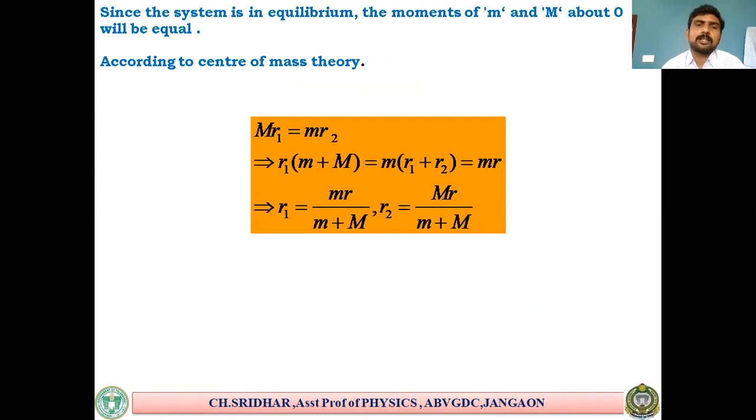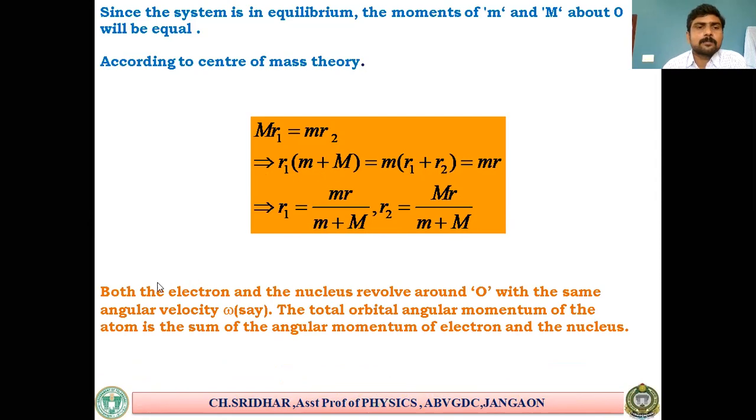From this we can write the expressions for R1 and R2 in terms of small r. R1 is equal to capital M into small r by small m plus capital M, and R2 is equal to small m into small r by small m plus capital M. So these are the values of R1 and R2, and we may substitute them in the further equations.